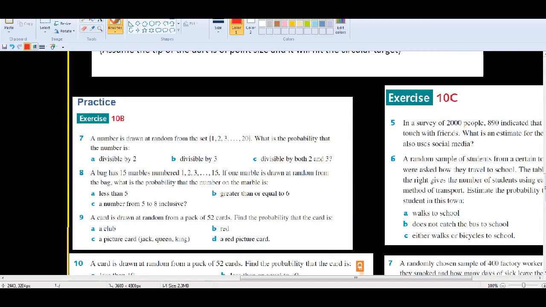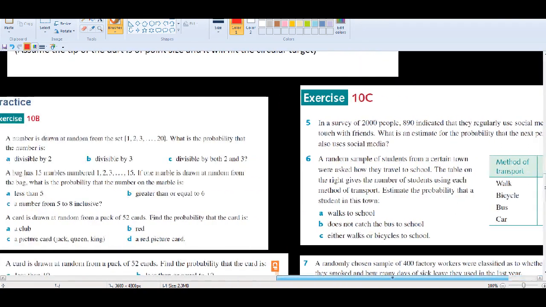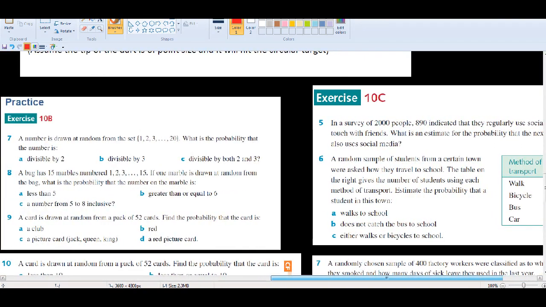Possibly for some of you, you might still need more practice. That's why I put 10B and 10C together. It seems a lot, but possibly for most of you, some questions are really easy. But for some of you, you still need to do more to get yourself familiar with the language you are using in probability.